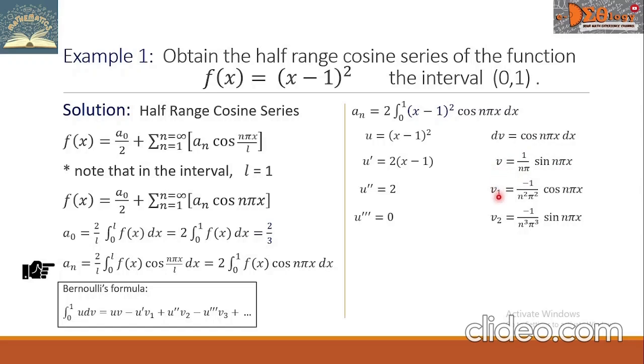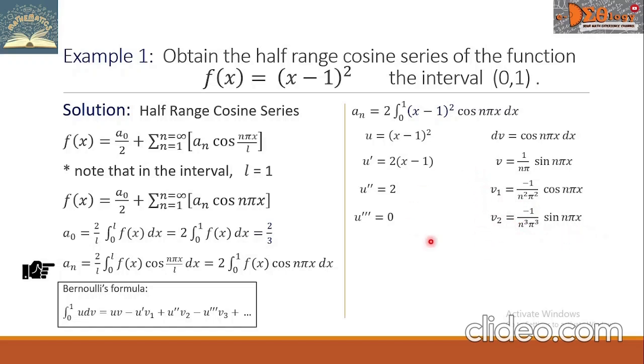Integral of v is v sub 1 equals negative 1 over n square pi square times cosine n pi x. Integral of v sub 1 is v sub 2 equals negative 1 over n cube pi cube times sine n pi x.